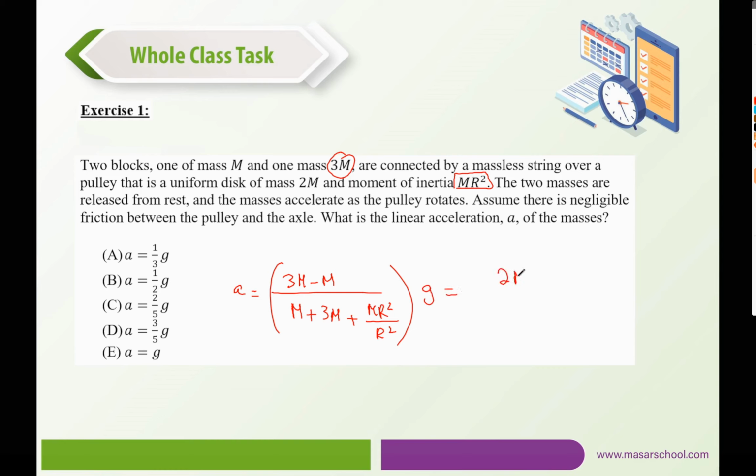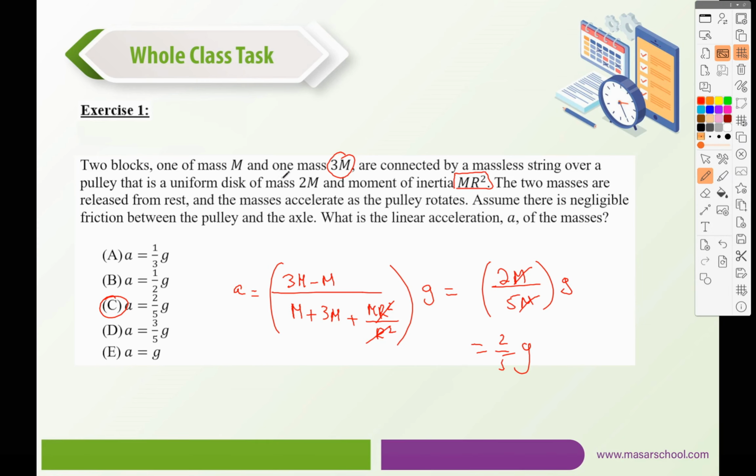That would be 2m divided by, now here what do we have? These cancel and that would be 5m multiplied by g. Now m would cancel, that would be 2 over 5 multiplied by g, making C the correct answer.